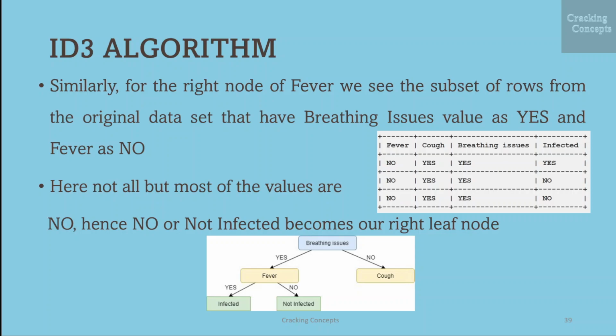Similarly, for the right node of fever, we see the subset of rows from the original data set having breathing issues value as yes and fever as no, which is shown in the figure. Here not all but most of the values are no, hence no or not infected becomes our right leaf node. And now the tree will look as it is shown in the figure.